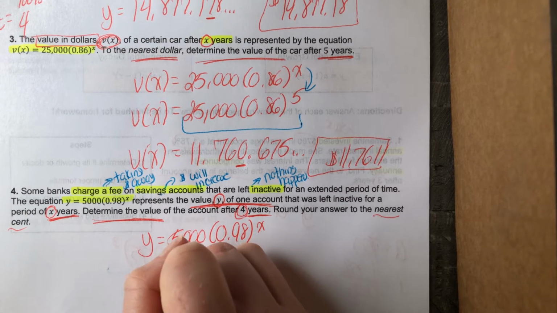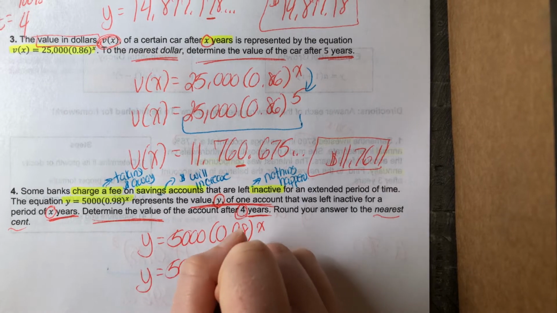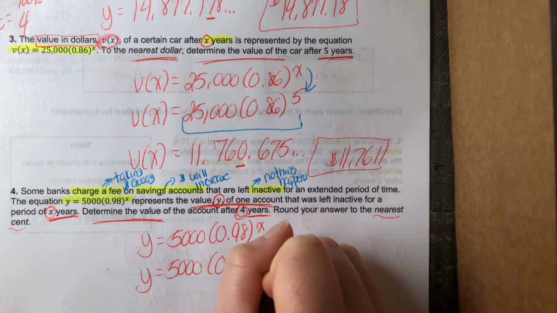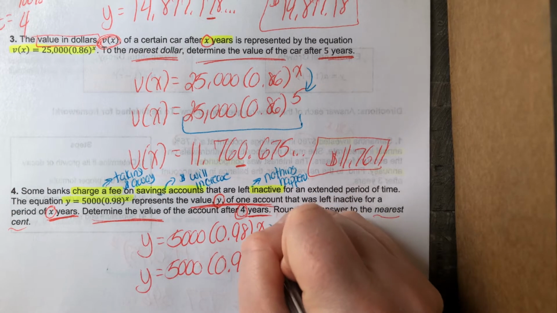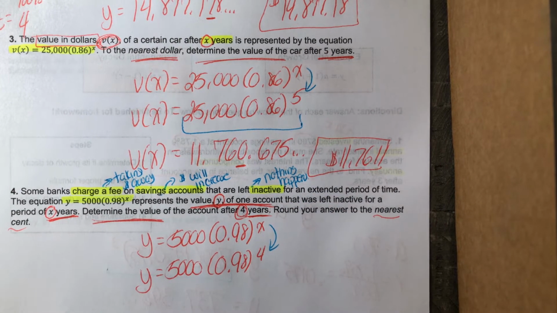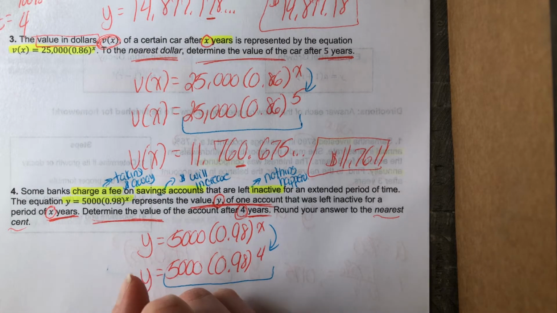So wherever I see x, I'm just going to replace it with the number 4. Who remembers what that means if I'm replacing a value? You got it? It means I'm substituting it in. I'm substituting. Okay. Now I'm going to go ahead and type this whole thing into my Calculator X app.